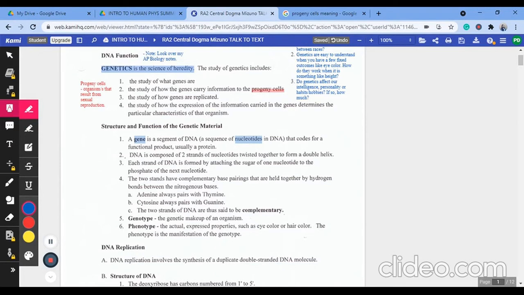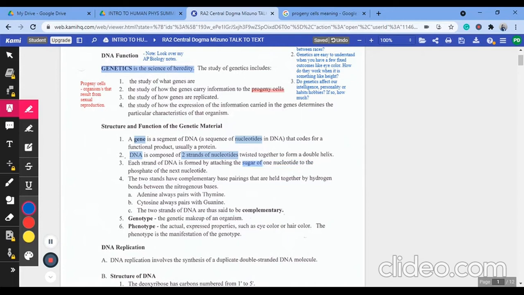DNA is composed of two strands of nucleotides twisted together to form a double helix. As we know, RNA is only composed of one strand. Each strand of DNA is formed by attaching the sugar of one nucleotide to the phosphate of the next nucleotide.